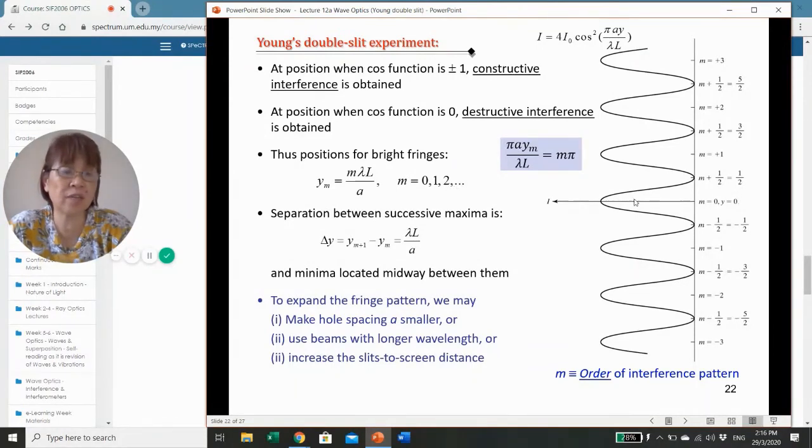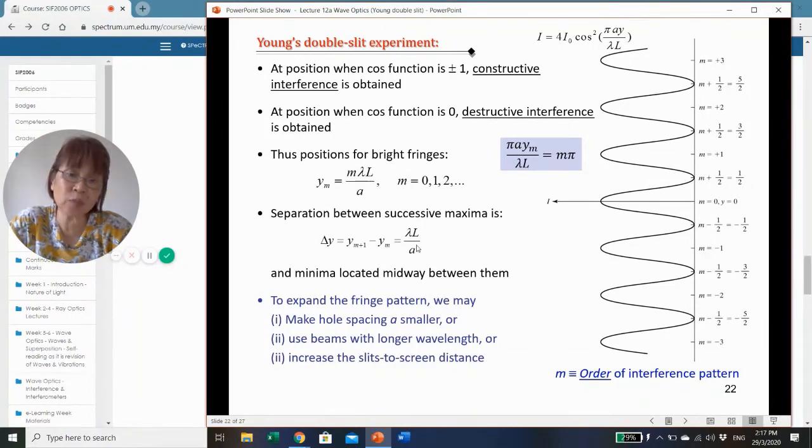That is if your center reference is y equals 0, so it can be above or below y equals 0. The separation between successive bright fringes, taking y of m plus 1 and the position of ym, is delta y equals lambda L over a.